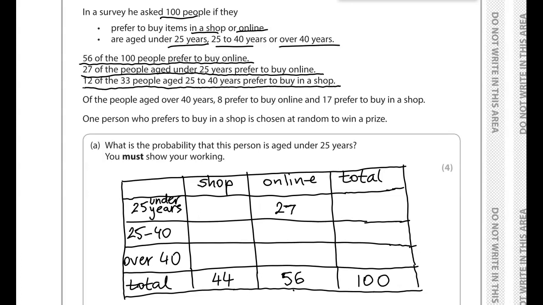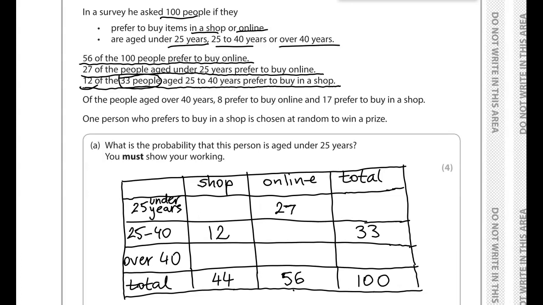So there are 33 people aged 25 to 40 in total, and 12 of them prefer to buy in a shop.